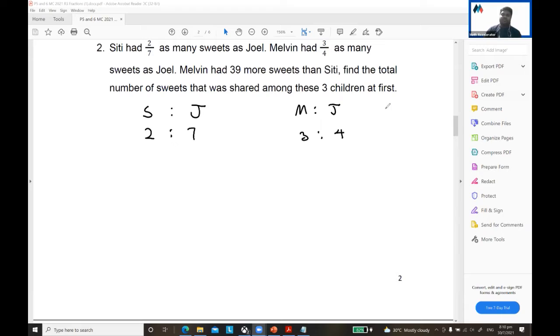Okay, correct, Joel. So over here, we're going to write Joel to Melvin. Melvin is 3 units, write that down in the second line here, and Joel is 4. Write that down here.